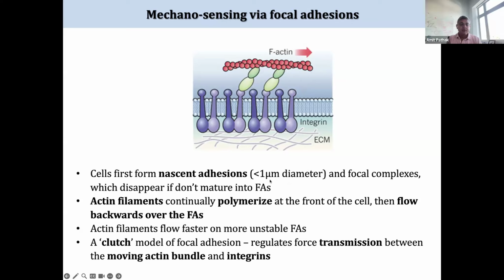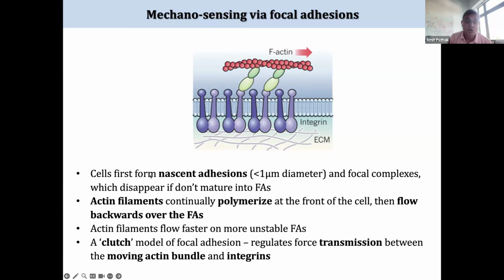Imagine the Velcro example: if you have the top surface and the bottom and you're sliding it over, the speed at which you make contact will determine whether the Velcro sticks or not. If you go really fast, none of them have a chance to stick to the hooks. If you go really slow, even without the normal pressure, there is a higher likelihood the Velcro will stick. So if this actin fiber is going really fast, the adhesions may not mature.